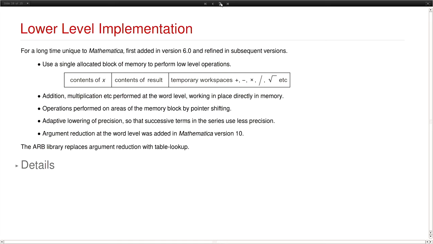And that's why this is so much faster than actually writing it in Mathematica. Because there's no data structures, there's no overhead from repeated allocation and freeing. You're not going through these generic routines to do floating point arithmetic. You're just really working at the word level and the inside of the floating point numbers.